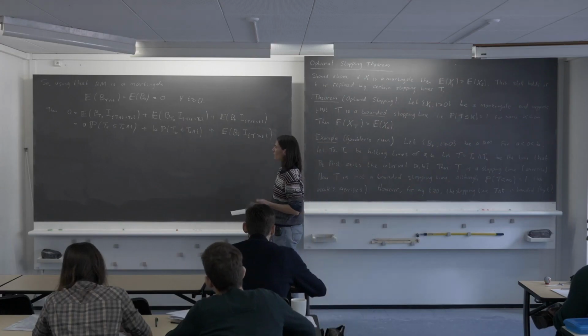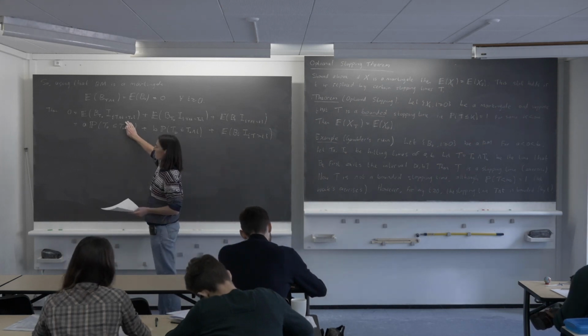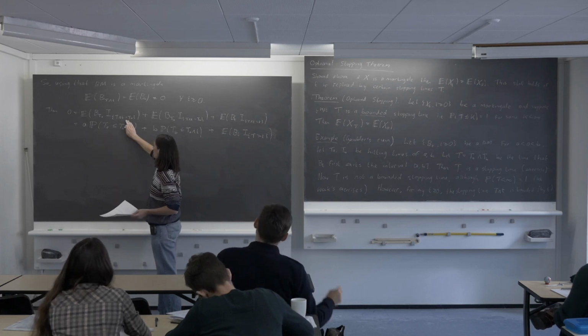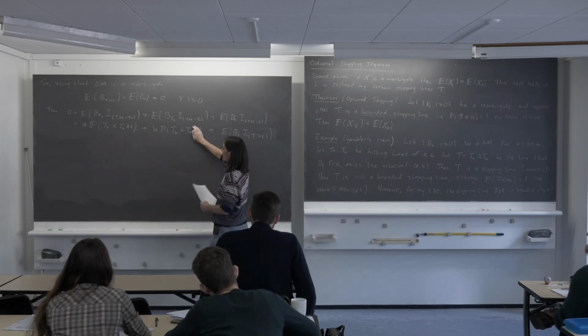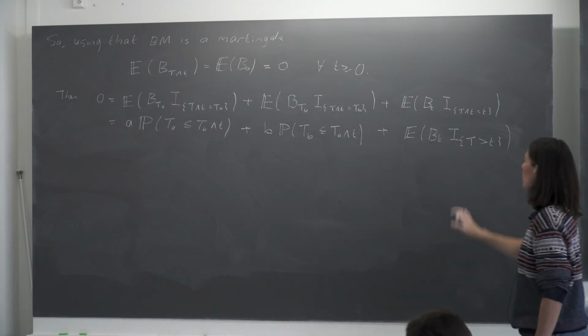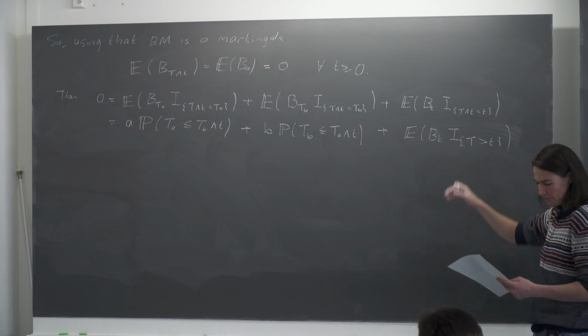Okay, so now it's reasonably clear what we want to be doing. We want to get a handle on this kind of event. If we let t go to infinity, this probability is going to converge to that, which is just the complement of this. So we need to know what happens as we let t go to infinity over here.